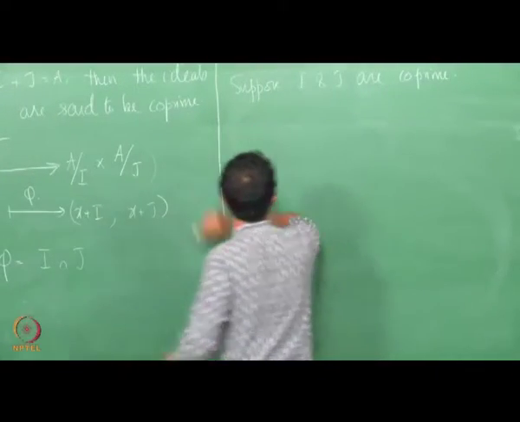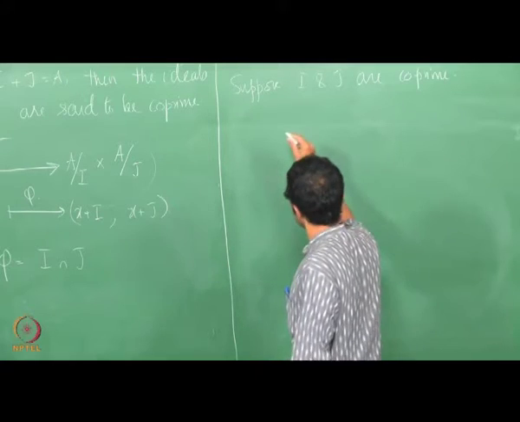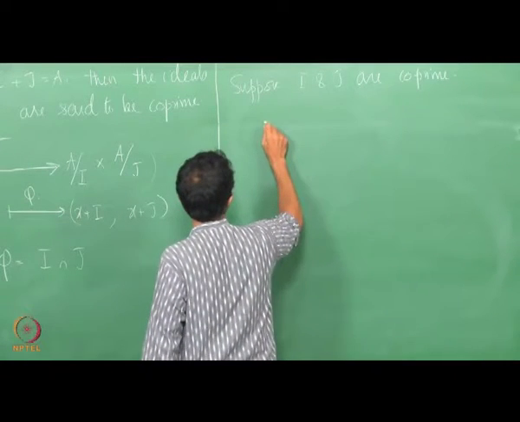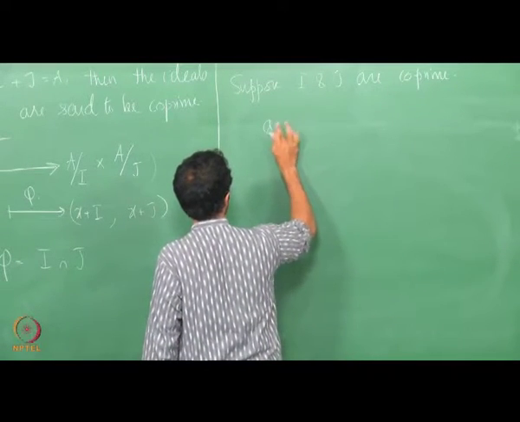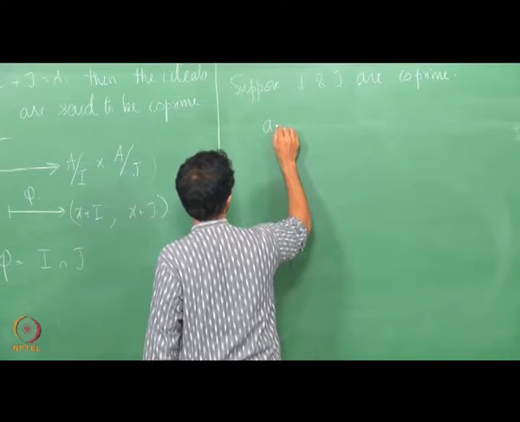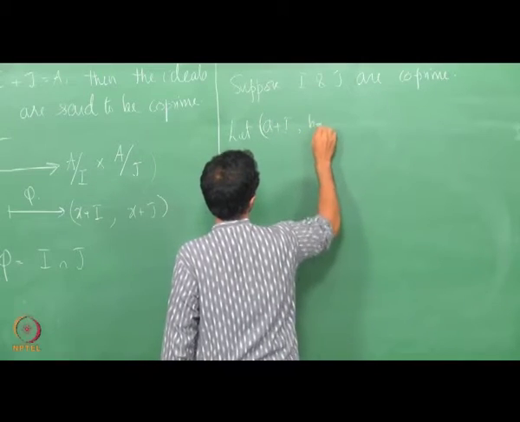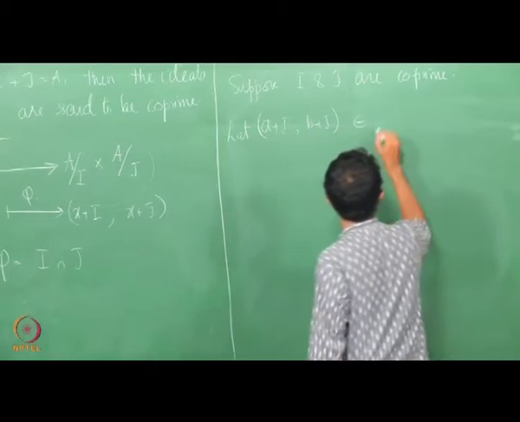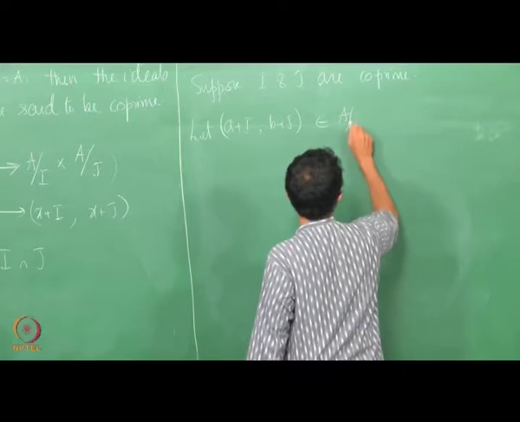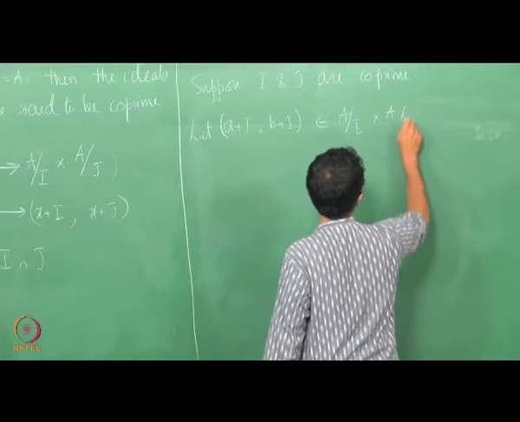Let A plus I and B plus j be in A mod I cross A mod j.